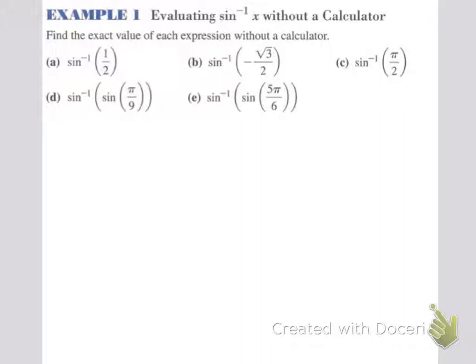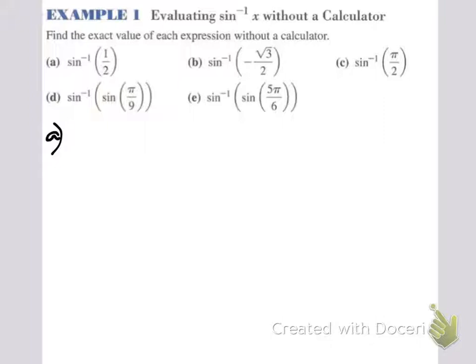First example, find the exact value of each expression without a calculator. So we can't use a calculator for this. What we want to do is find the angle whose sine is 1/2. The inverse is going to tell you what the angle is. This whole chapter, we've been saying, find the sine of this angle, cosine of this angle, tangent of this angle.